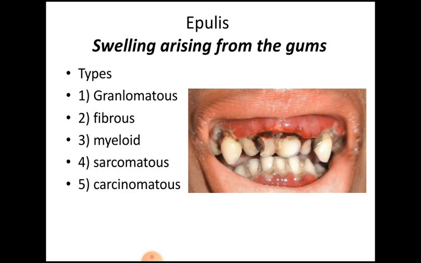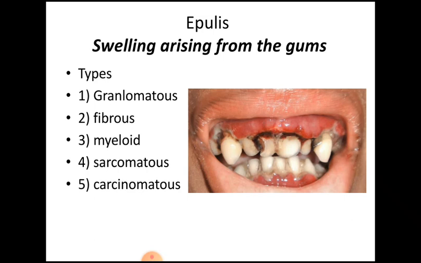Again, myeloid epulis is the osteoclastoma of the gum, while fibrous epulis is the fibroma of the gum. Myeloid epulis rises in the lower jaw. Also, fibrous epulis rises in the lower jaw. Myeloid is a painless lobulated mass.